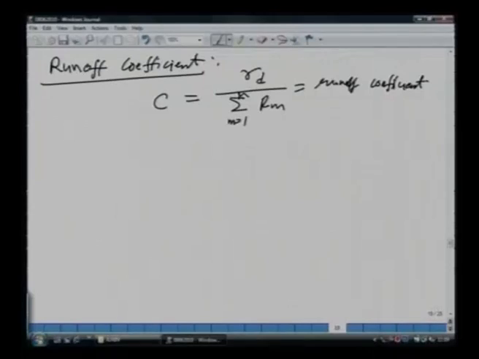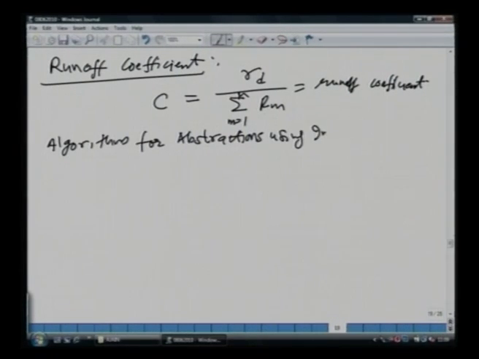So, what we will actually do is develop what is called an algorithm for abstractions using infiltration equations.